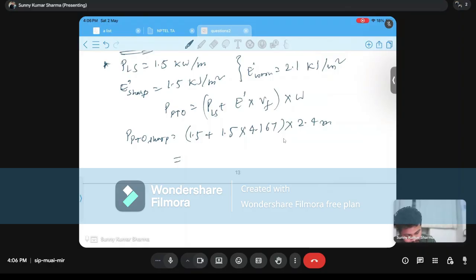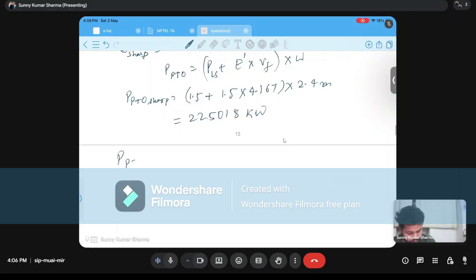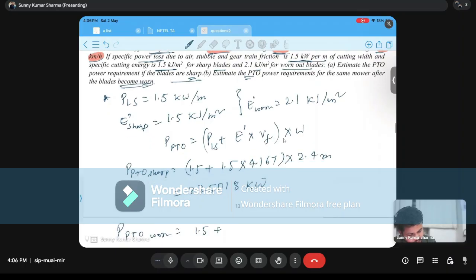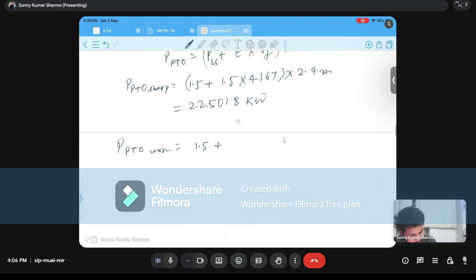It is 22.5018 kilowatt. And power requirement for PTO in case of worn blade will be 1.5 plus a specific energy requirement. A specific cutting energy will change. It will become 2.1 into 4.167 into 2.4 meter.